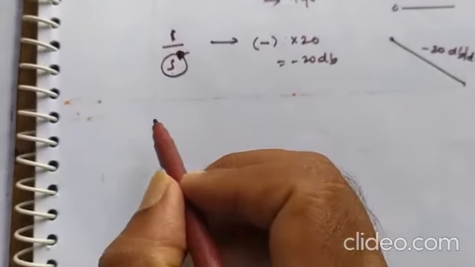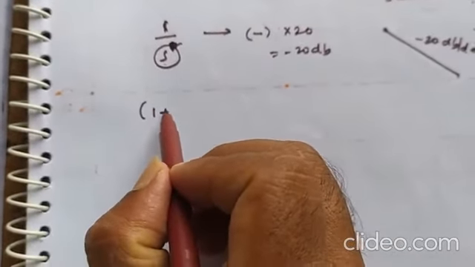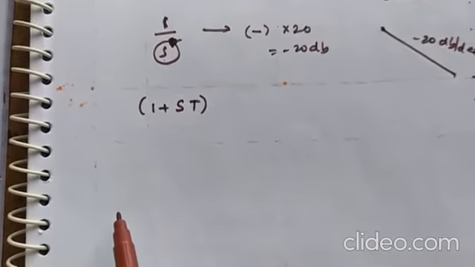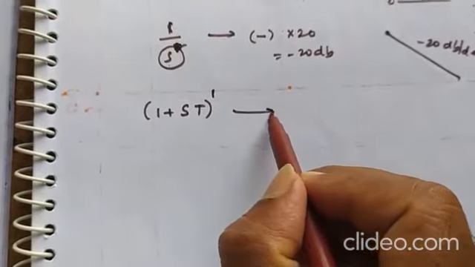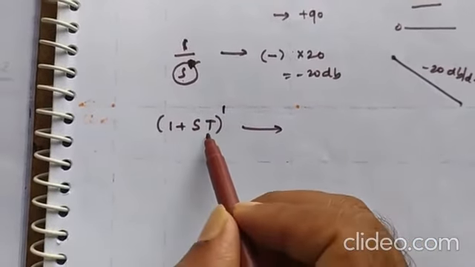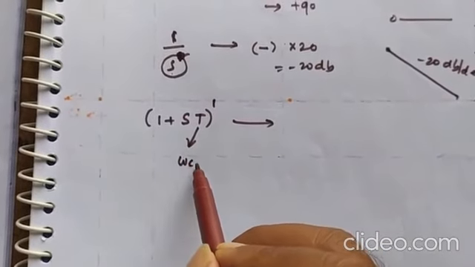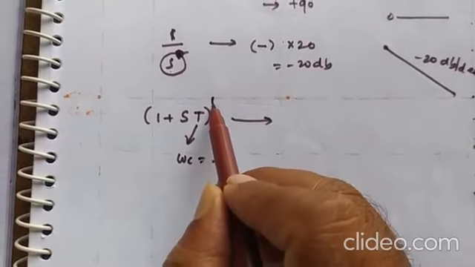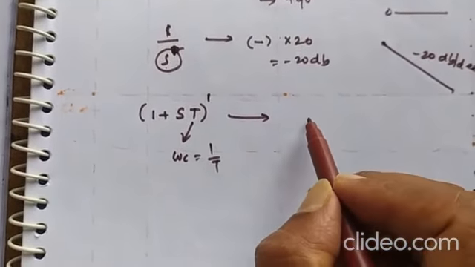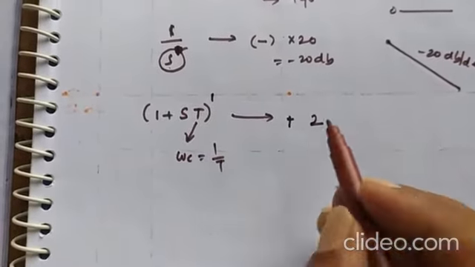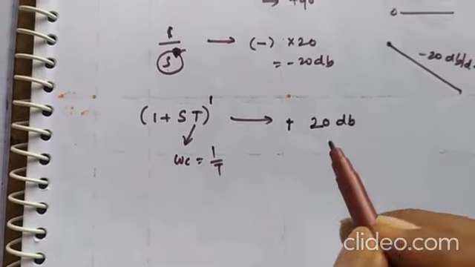Right. Suppose again the factor is in the numerator, so suppose 1 plus ST, where the power is 1. Now here we need to find out the corner frequency, that is 1 upon T. The power is 1, and it is in the numerator, so it should again be plus 20 dB.